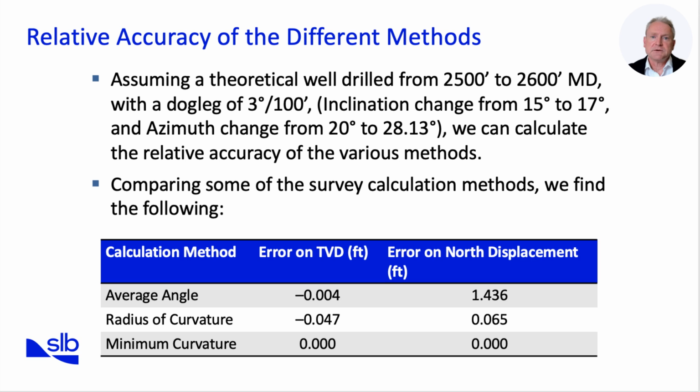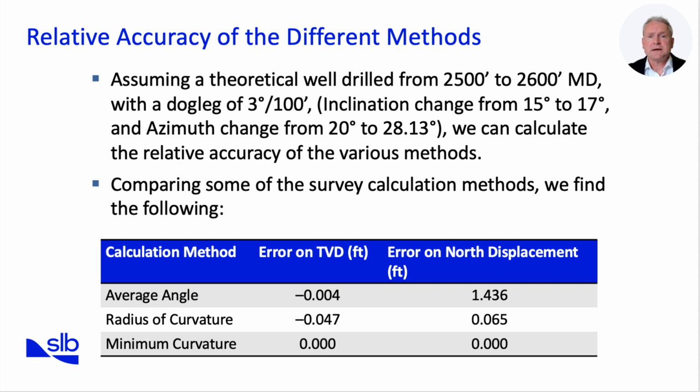The radius of curvature method is slightly better for north displacement at 0.065 feet, but worse for TVD at negative 0.047 feet. Finally, the minimum curvature method, often regarded as the industry standard, yields zero error in both TVD and north displacement in this theoretical case.